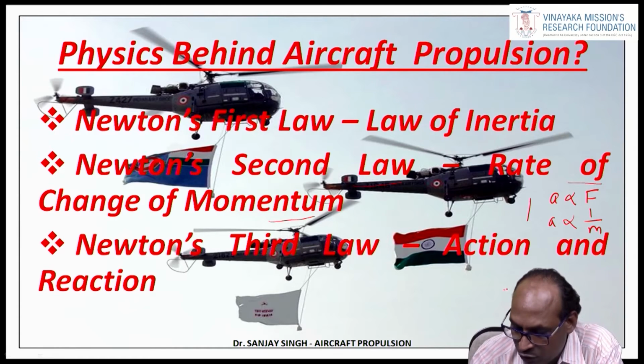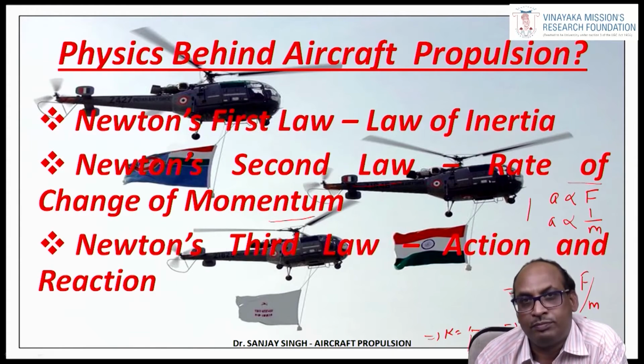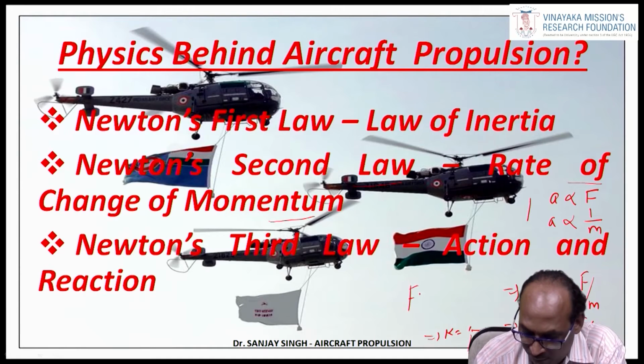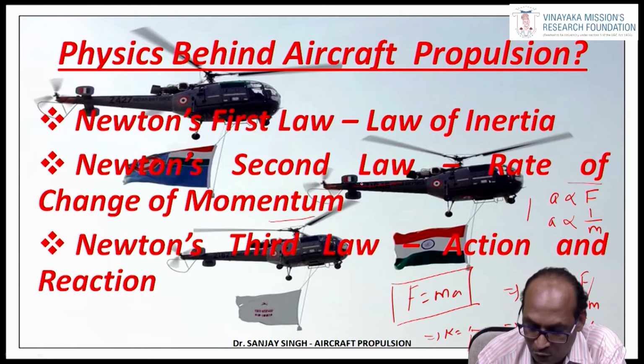By combining these two, we get acceleration proportional to F by m, and we can introduce a constant k, where k is equal to 1. So we get F = ma, and this is the basic definition of force, which has come from Newton's second law.